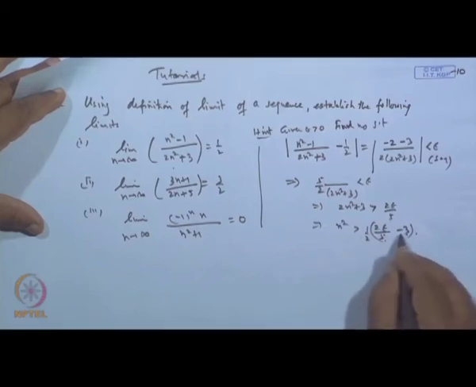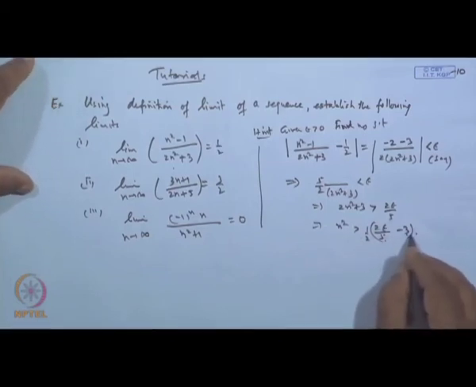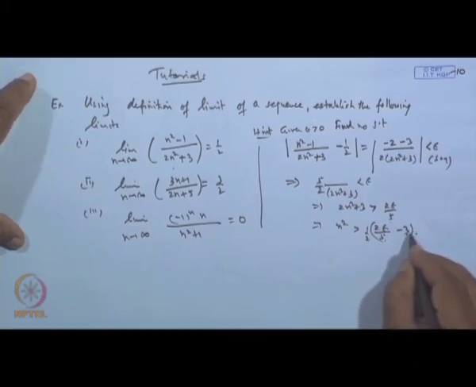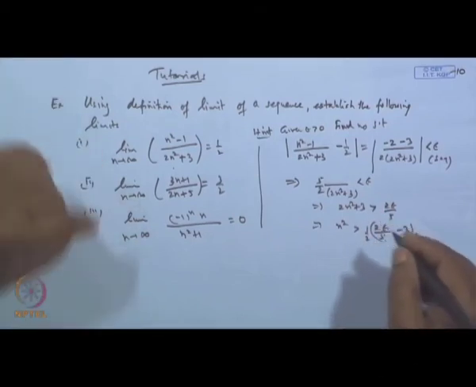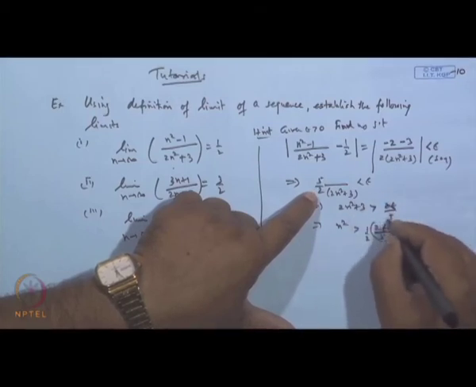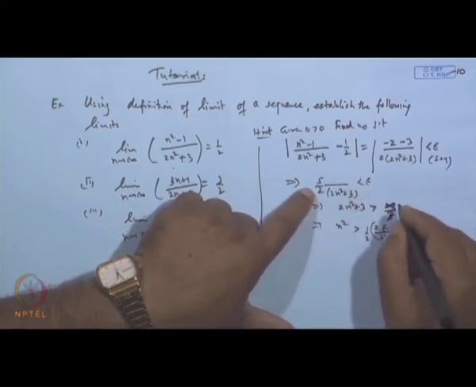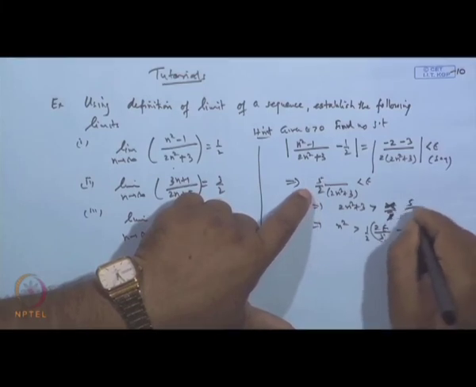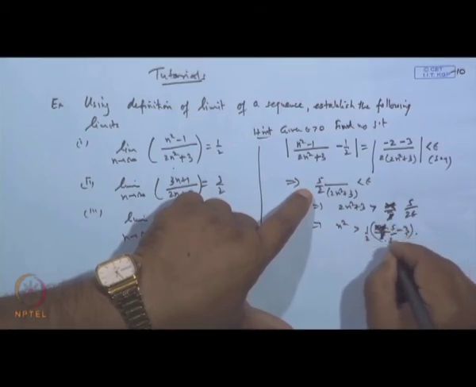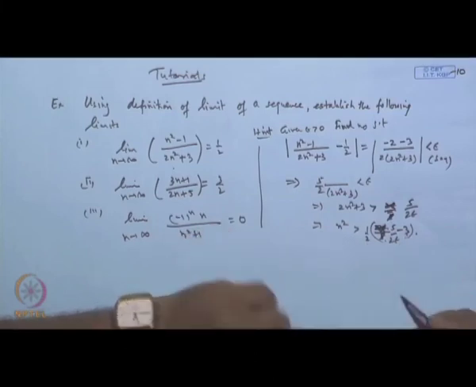Oh, that is wrong, I am sorry, that is a mistake. When you write it, this becomes 5 by 2 epsilon, because otherwise it is negative, and that will be a problem.